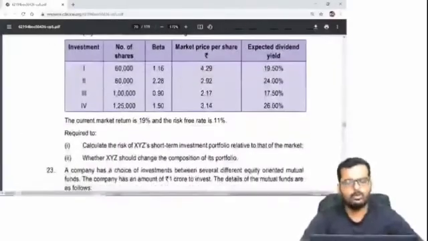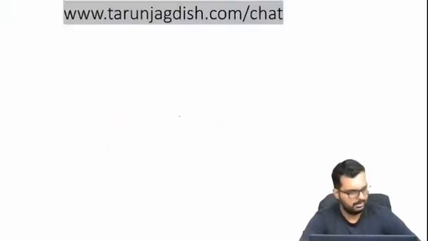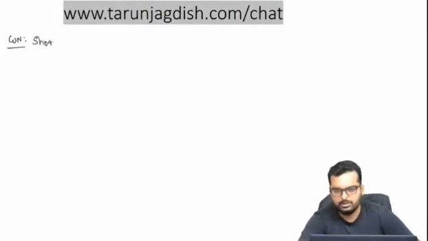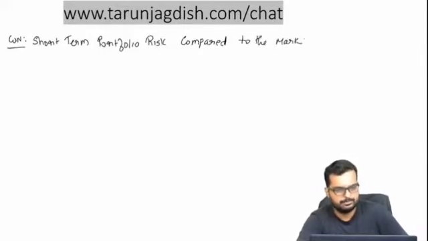Now they're asking to calculate the short-term investment portfolio risk compared to that of the market. In the next working note, they give a heading: short-term portfolio risk compared to the market. Here what they have done is they have written down the actual beta.